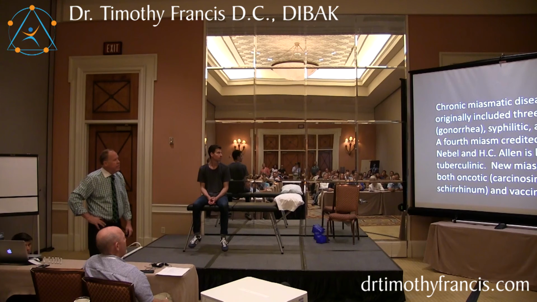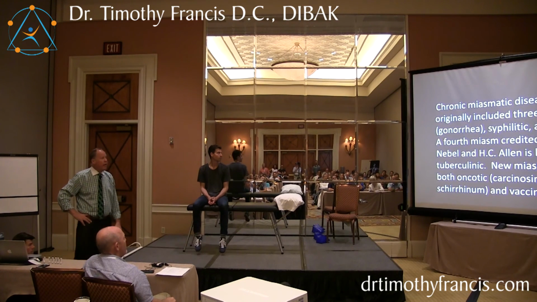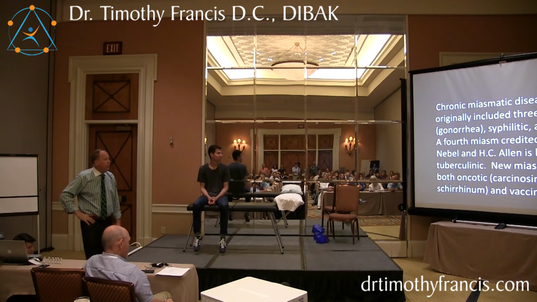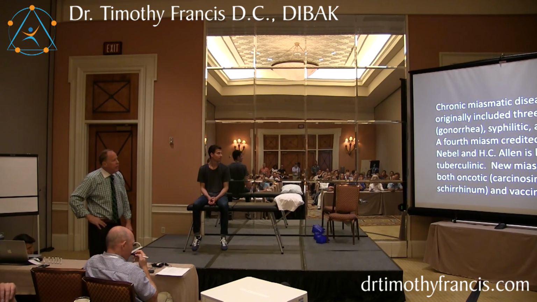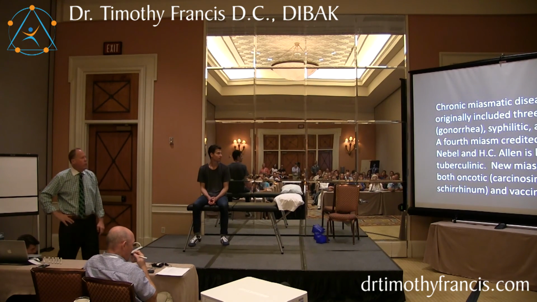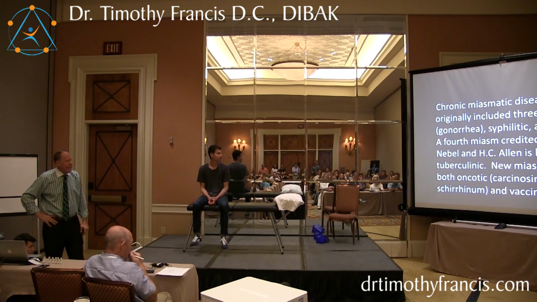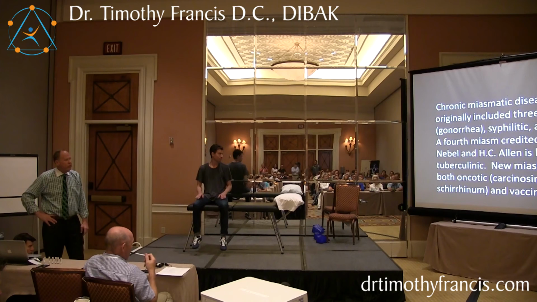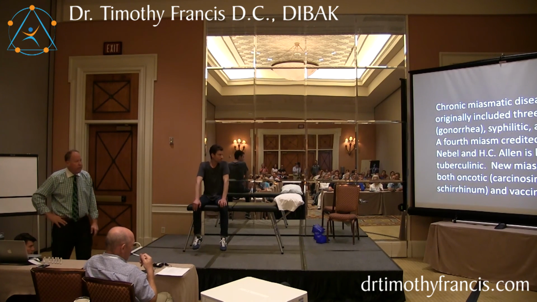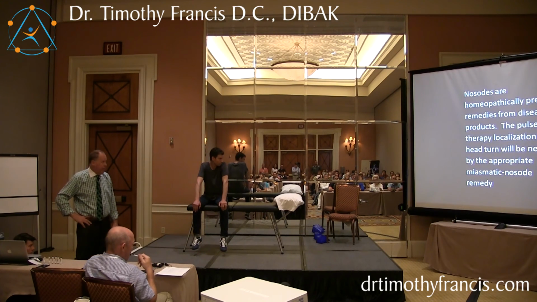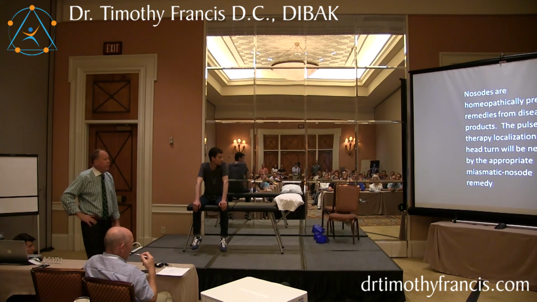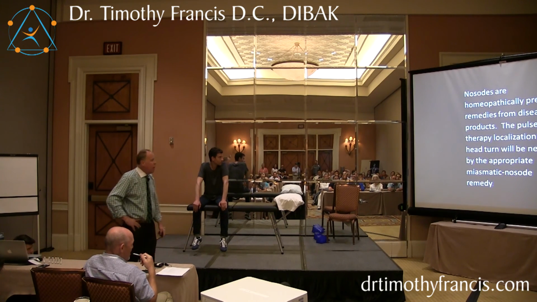Chronic miasmatic diseases were originally three: sycotic, not goofy, but the gonorrhea miasm, syphilitic, and psoric. Then the fourth was added, known as tuberculinic. New miasms would be oncotic, either carcinosinum or schurinum, and vaccininum. Now, nosodes are homeopathically prepared remedies from disease products.